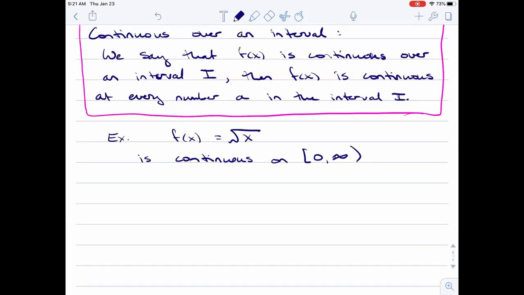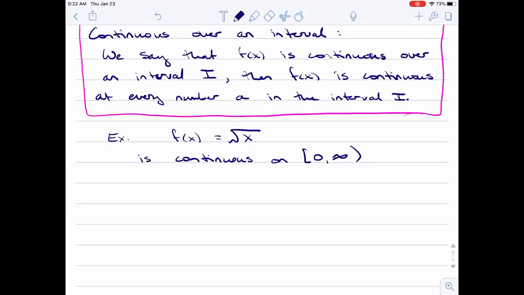So, more theorems, more rules, more laws. This next one, it's hard to tell what the difference is between this next one and those limit laws that we established earlier.